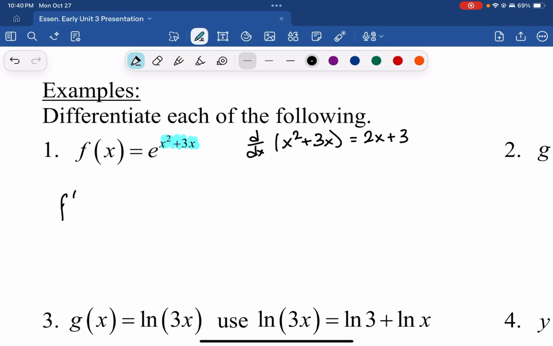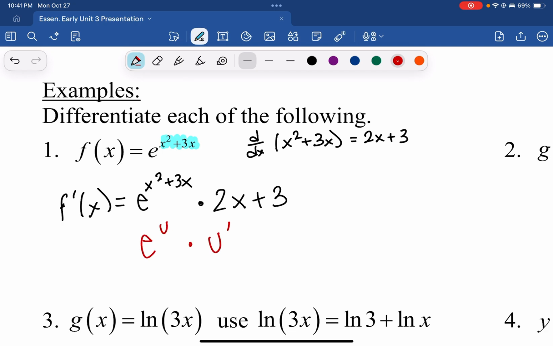So our derivative of f of x is going to be e to the x squared plus 3x times our derivative of x squared plus 3x, so 2x plus 3. So it's e to the u times u prime.